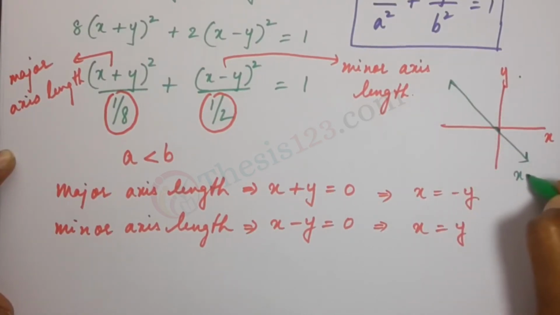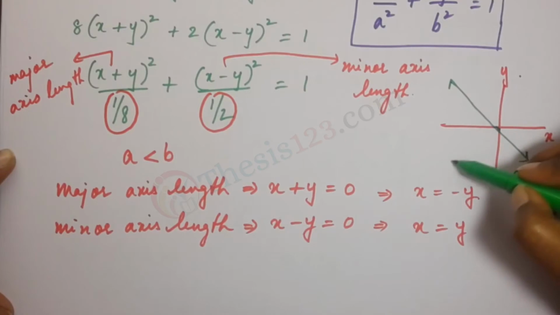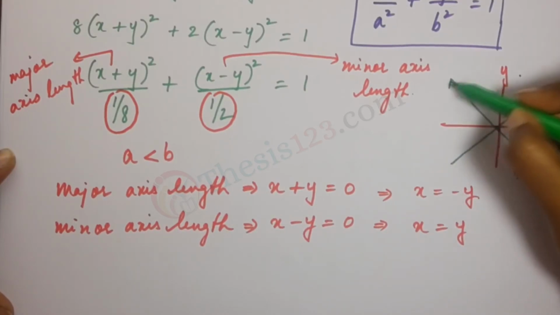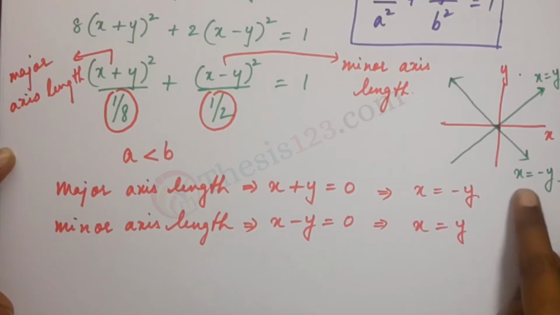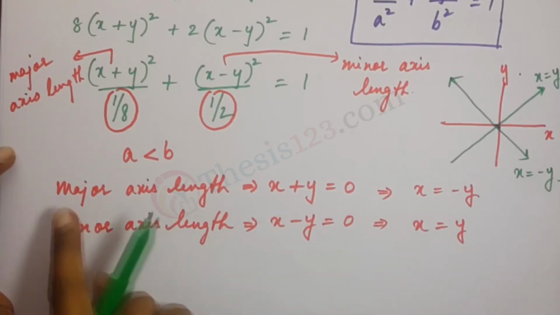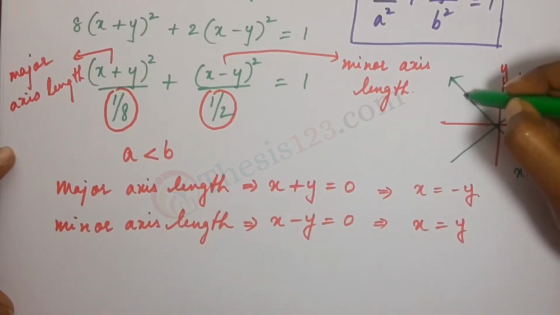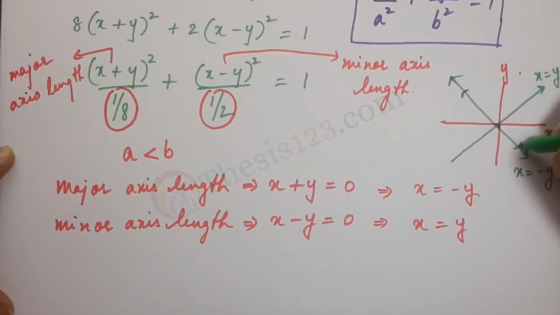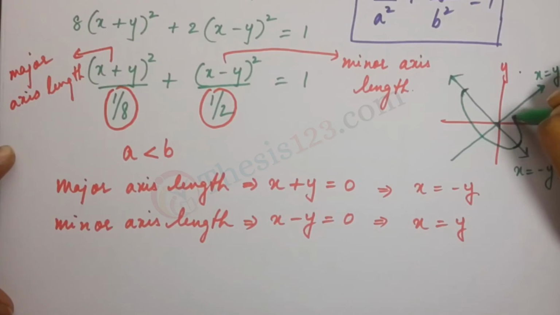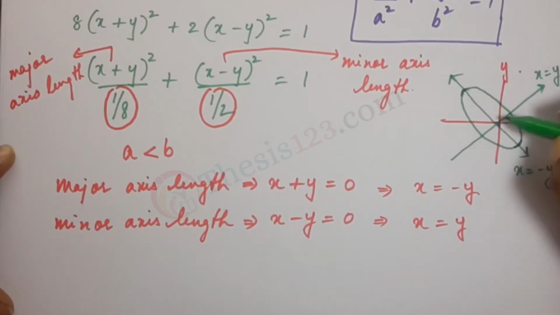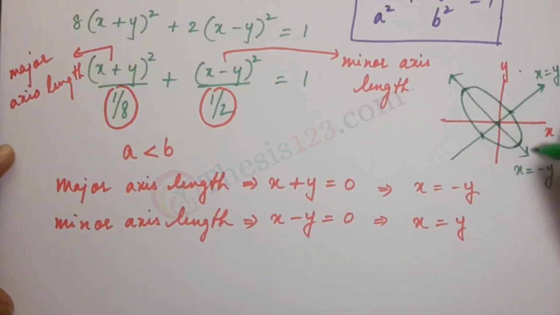And this line right here represents x is equal to y. Now the major axis lies along x is equal to minus y, which means that the ellipse is something like this. Here is our minor axis. This is our major axis.